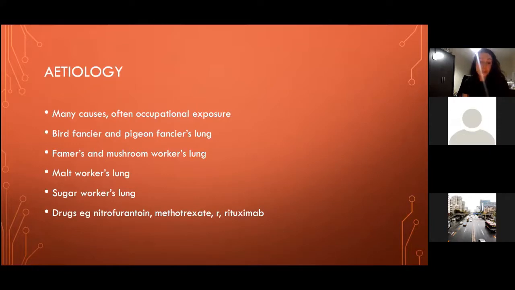Then you've got malt workers lung, sugar workers lung. There's a range of others. There's a long list of different names for the conditions. And then some drugs such as nitrofurantoin, methotrexate and rituximab can cause a drug-induced hypersensitivity pneumonitis. The most common ones are generally bird fanciers and farmers lung.